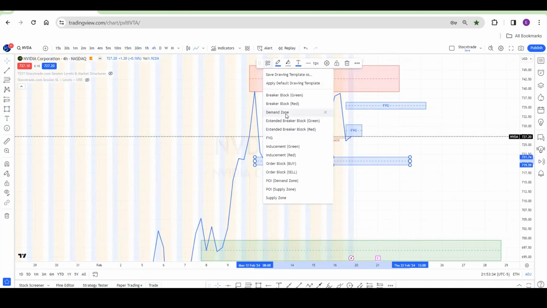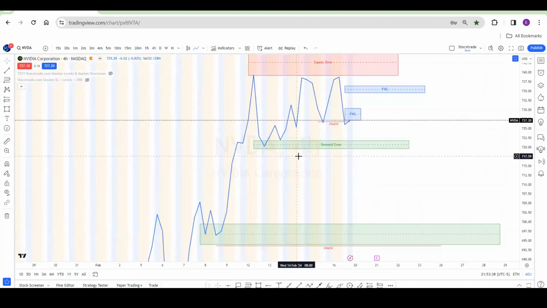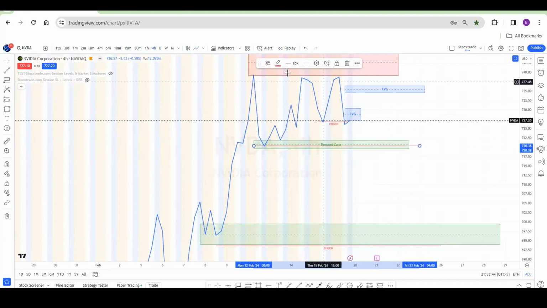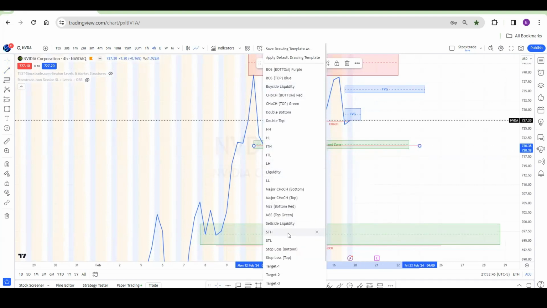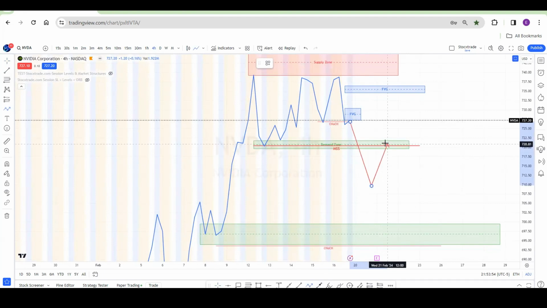And once it breaks this area, it will be a change of character, a major change of character or market shift. Okay, so that will be the market shift. And after a market shift, there are more chances that it will retest.